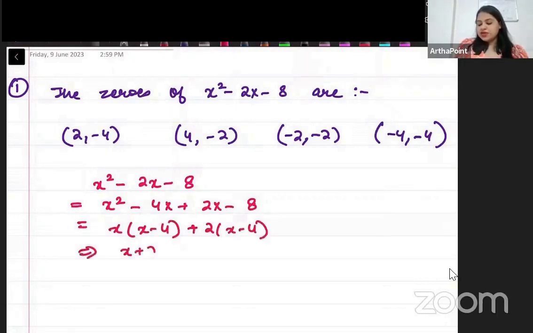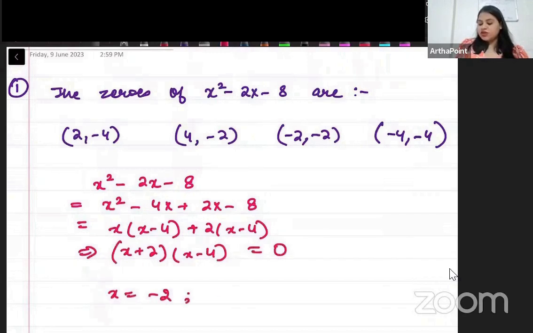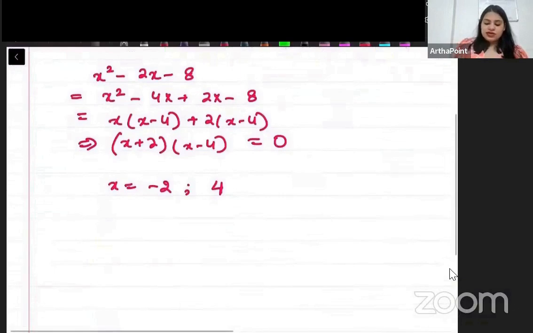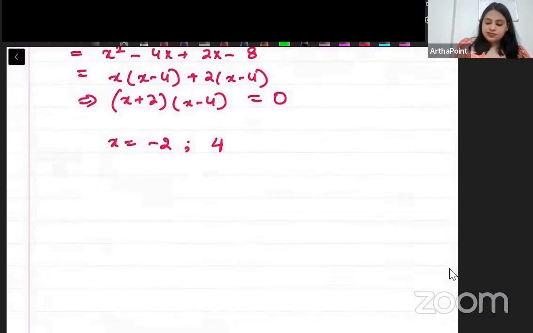This will be x plus 2, x minus 4. So when you equate this to 0, x will be minus 2 or 4. So the answer to this question is x can be 4 or minus 2. These are the two zeros of this polynomial. Answer is B. Okay, please take the next question, beta.